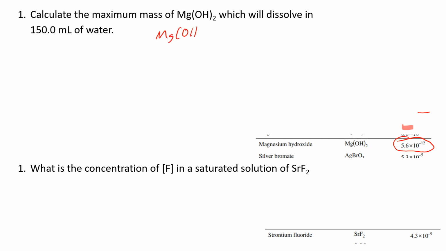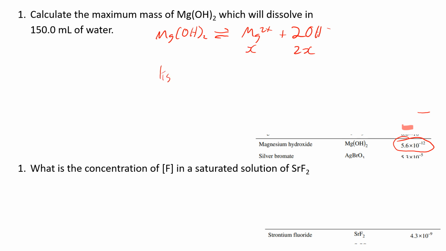Magnesium hydroxide will dissolve into Mg2+ and 2 OH-, and this will dissolve in an X to 2X kind of manner.